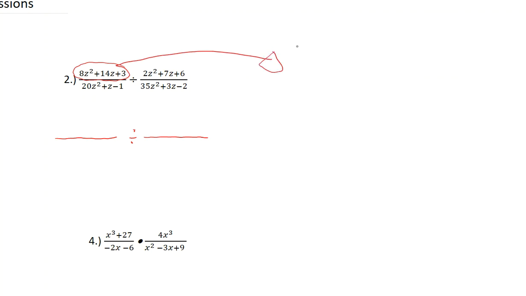So I would do 8 times 3, which is 24, and I would find the factor pair that adds up to 14. So if I just list them on the side, you'll notice that 2 and 12 does the trick. So I'll rewrite it as 8z squared plus 12z plus 2z plus 3.